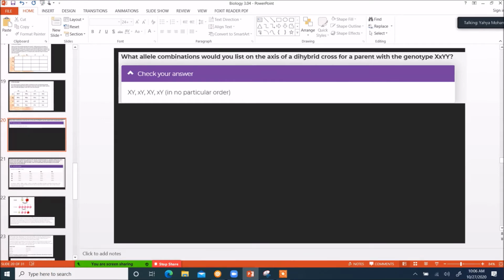So over here, can you tell me what possibility this parent could give to the gamete for the X's? What are the different possibilities for the X's here? So look at it. It says genotype. What does it say for the X's? Read what it says here.